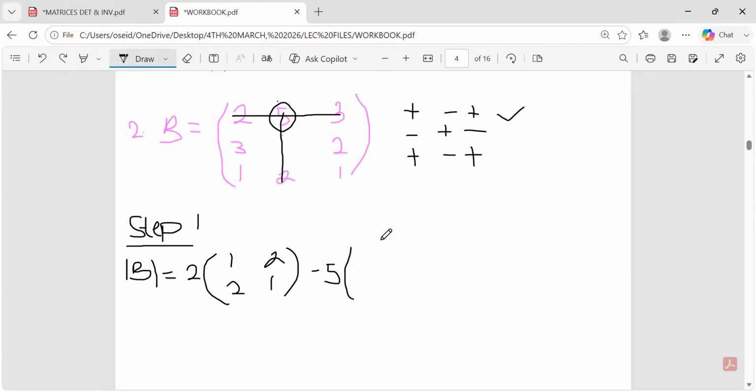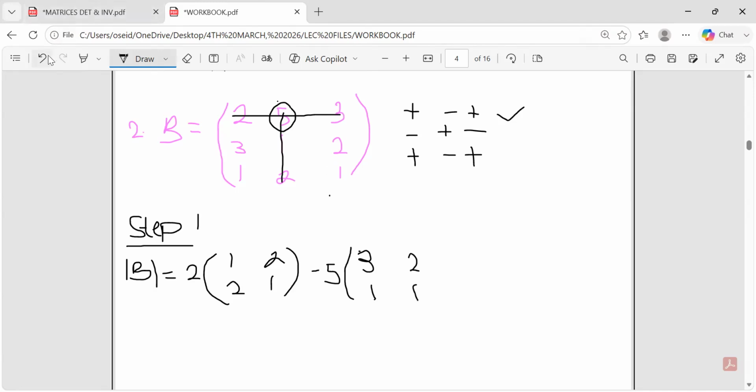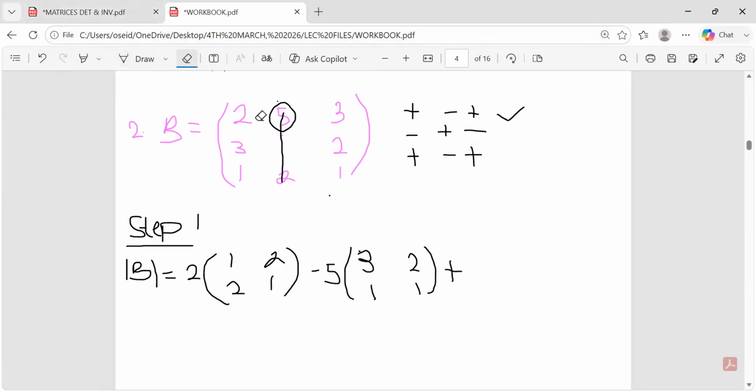We multiply 5 by 3, 2, 1, 1. Then the next sign is plus.